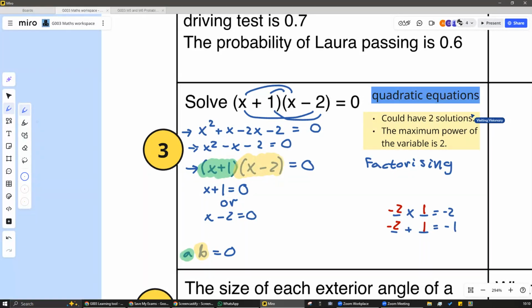And we would solve in each case by just rearranging. So we would minus 1 from both sides, and we end up with x is equal to negative 1. And in this case, we add 2 to both sides, and we have x is equal to 2. And that would be the solution, even though there are two possibilities. As I said, with quadratic equations, you can have two possible solutions.